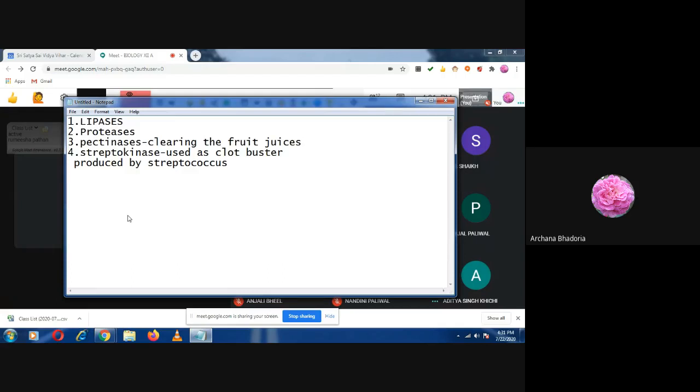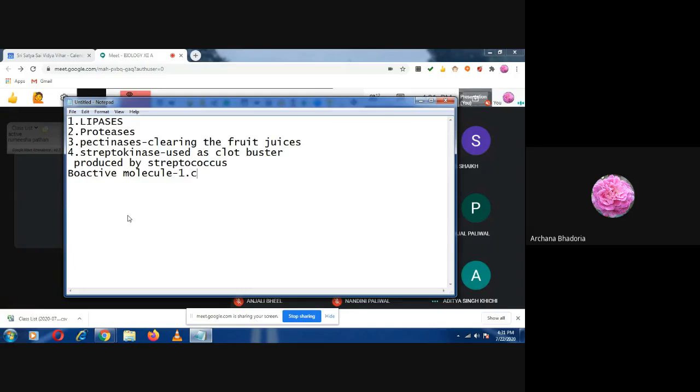Okay. Now we'll come to the bioactive molecules. So we discussed first the chemical, then we have completed with enzymes. Now we are taking the bioactive molecules. What is that bioactive molecule? That is cyclosporin A. So you have to remember two bioactive molecules.